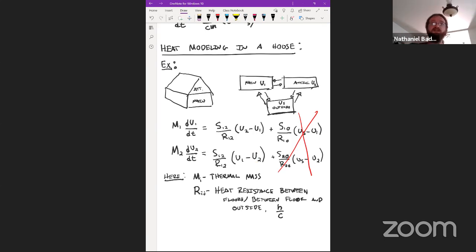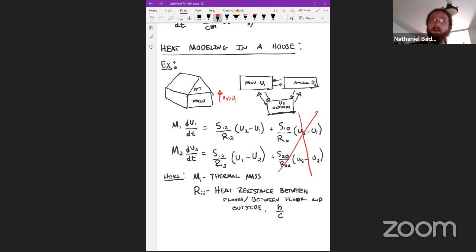So if it's cooler downstairs than upstairs, then we should be transferring heat from downstairs to upstairs. And so the main floor should be cooling down, whereas the upstairs should be heating up. So if U2 is greater than U1, then the direction of heat flow is like this.